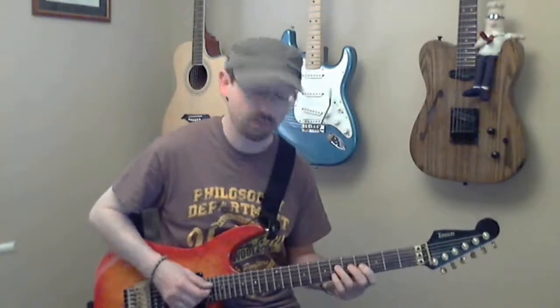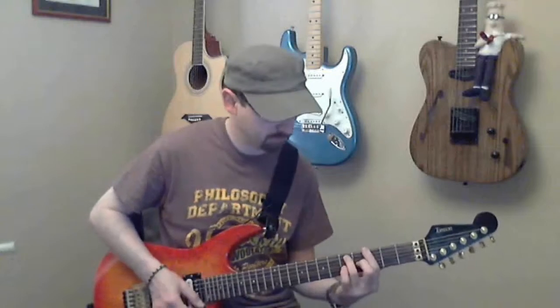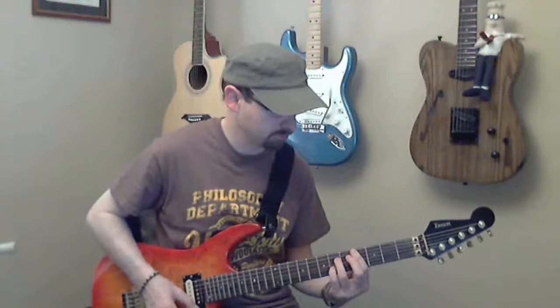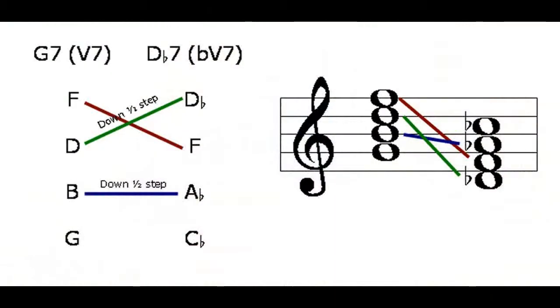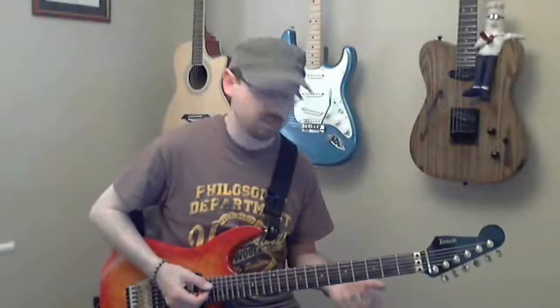Most interestingly, I think that third degree of G7 is the flat 7 degree of D flat 7. As I say, that's a recognised chord substitution, taking the dominant 7th chord whose root note is a flat 5th higher than the root of the chord that you would normally be playing.